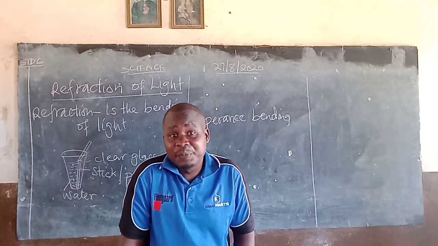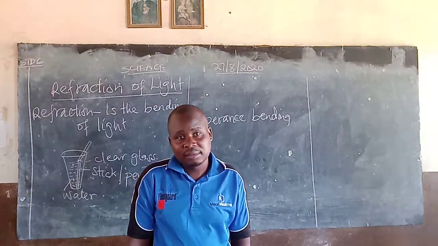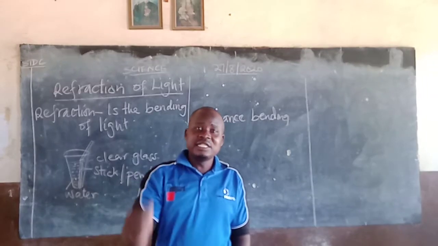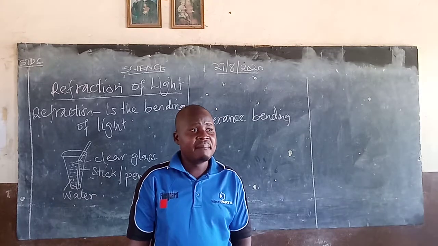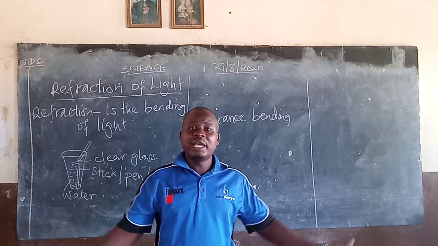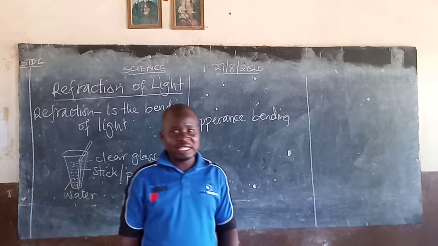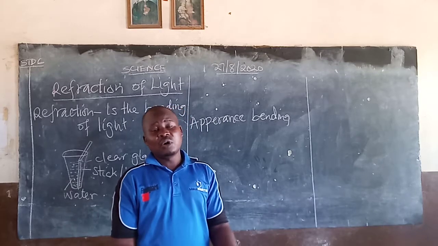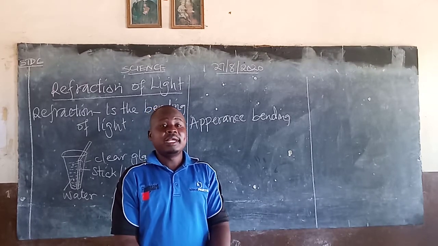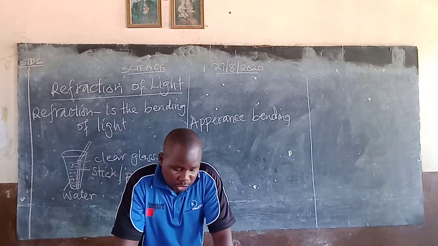When you look at a swimming pool perpendicularly, you see the base is a little bit raised, but when you dip a stick, you will see it is deeper. Why? Because of the appearance bending. So it appears that the level of the base of the pool is somehow raised, but literally that is refraction.